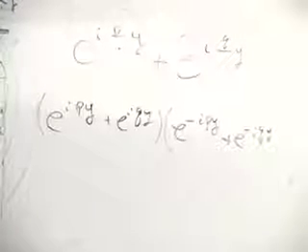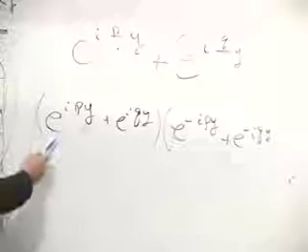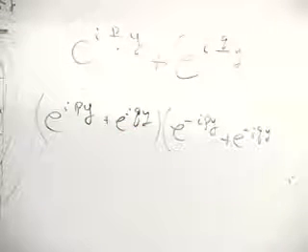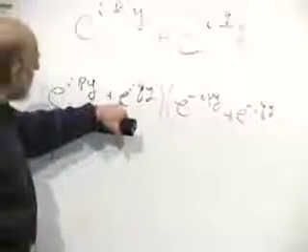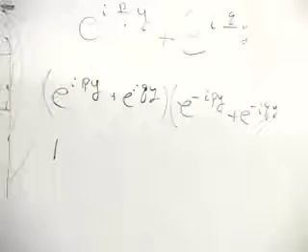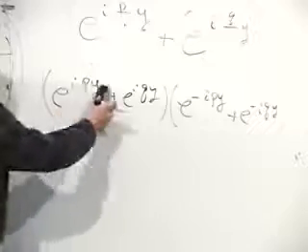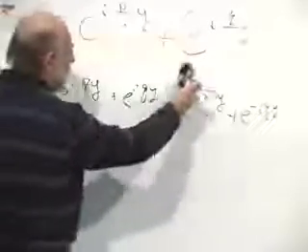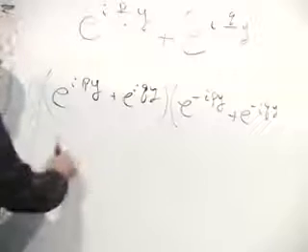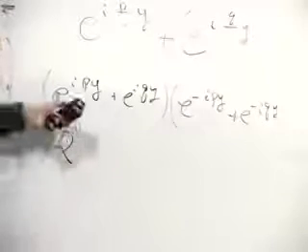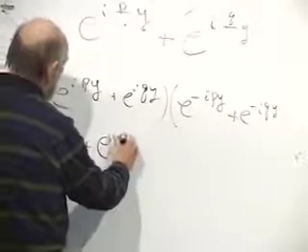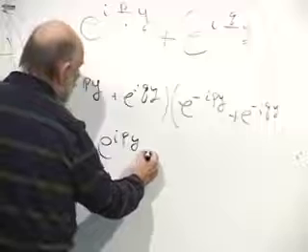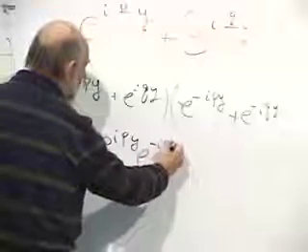Let's calculate this. e to the i p y times e to the minus i p y. What's that? 1. We also have e to the i q y times e to the minus i q y. That's also 1. So those terms altogether give us 2. Then we get plus e to the i p y times e to the minus i q y.